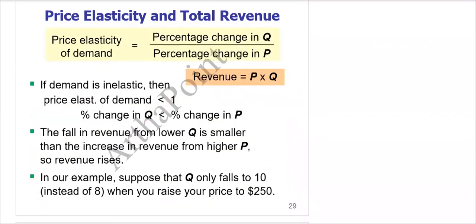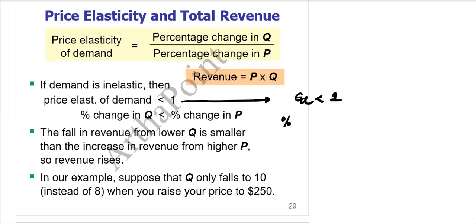Let us now try and understand the price elasticity and total revenue when we have inelastic demand. So now please see. Inelastic demand means elasticity is less than 1.